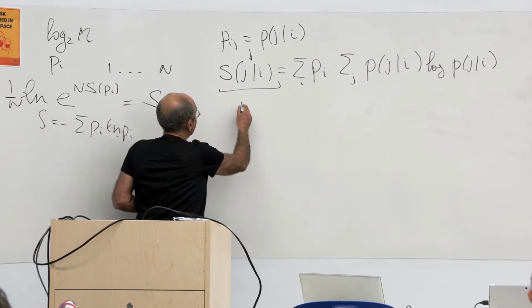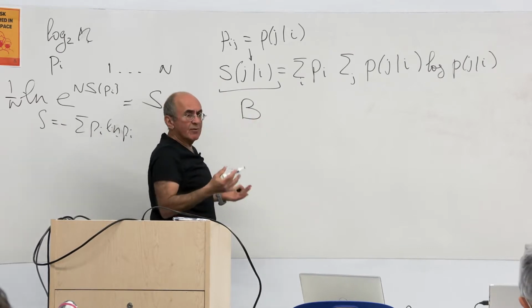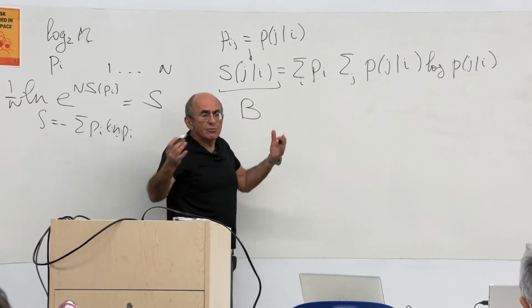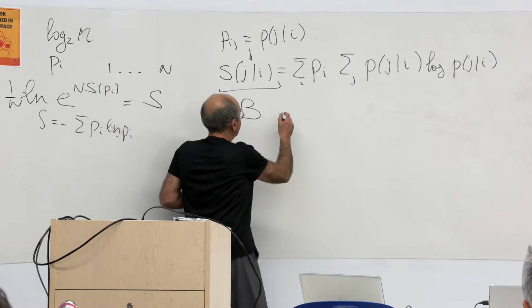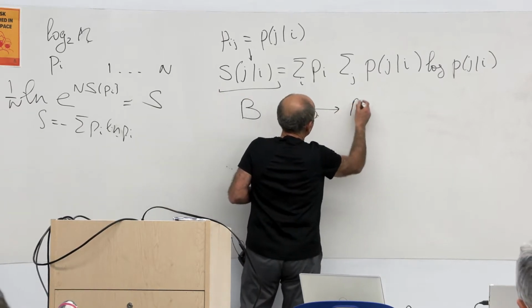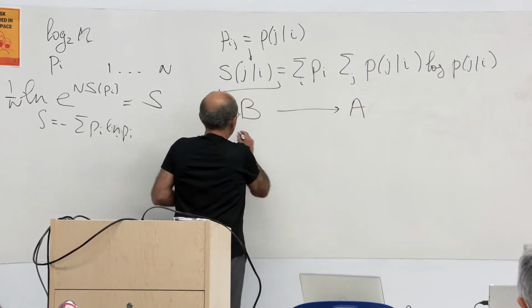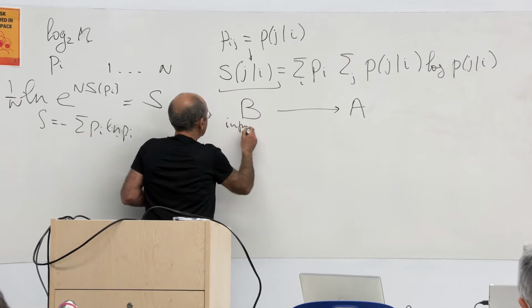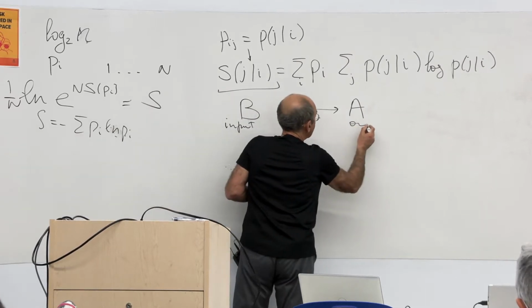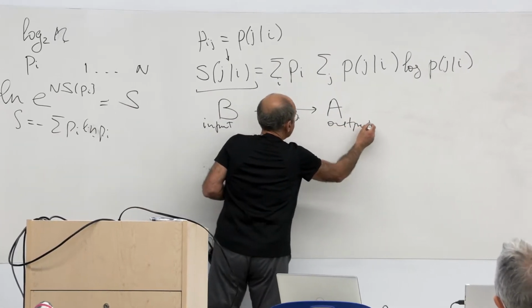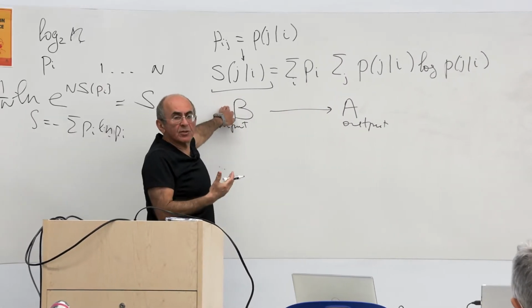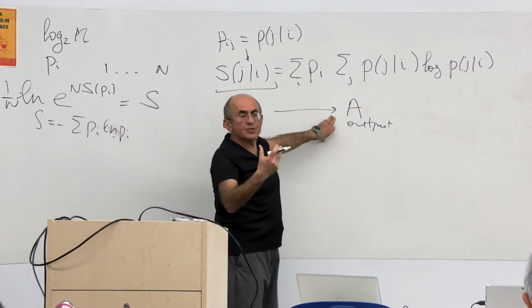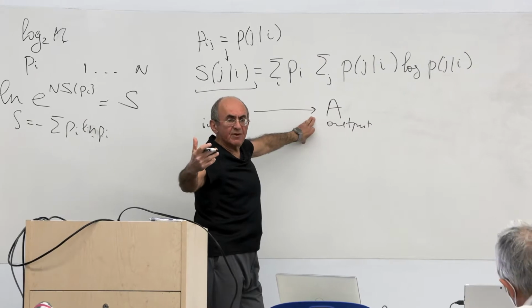Let's say that we have B, some quantity, which could be an input of a communication channel, and A is an output. But it could be that B is a physical phenomenon and A is a measurement, what we read on our device.